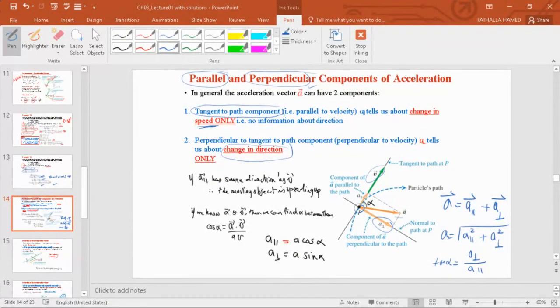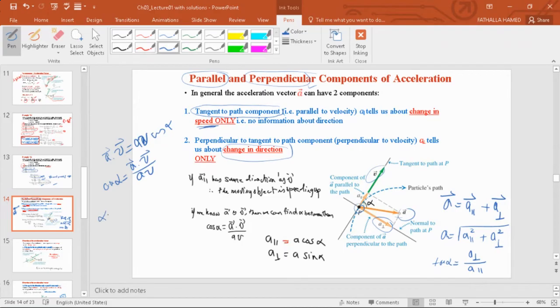Now, if you're given the acceleration and you're given the velocity vectors, you can figure out the angle between both of them. Remember when we said about dot product, when you have A dot V, it will be AV cosine alpha, where alpha will be the angle between both of them. So if you're given the vector of A and the vector of V, you can figure out the alpha between both of them by saying that cosine alpha will be A dot V divided by AV.